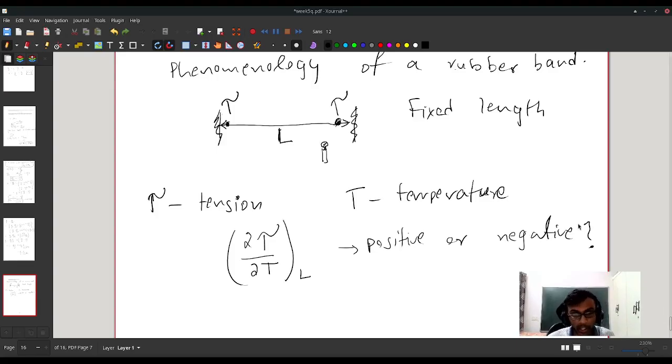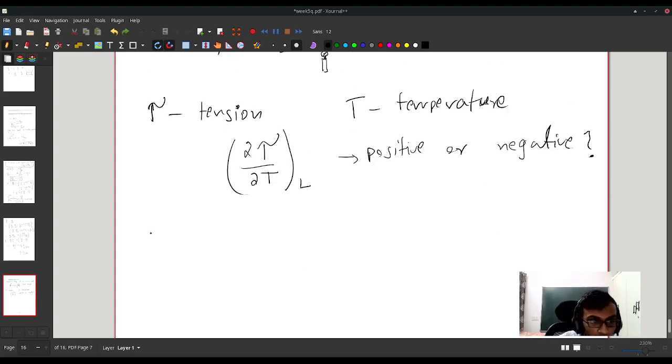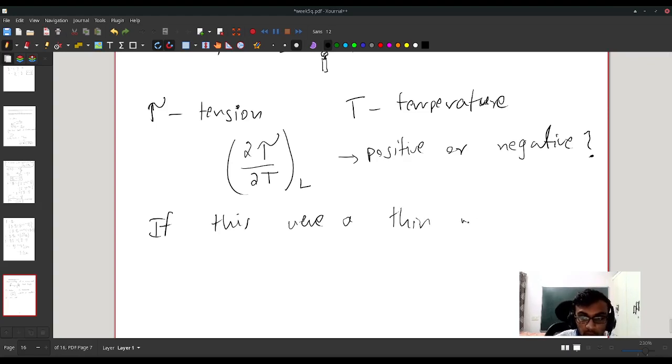If this were a thin metal wire, then this quantity, ∂𝒯/∂T at constant length, would be negative.